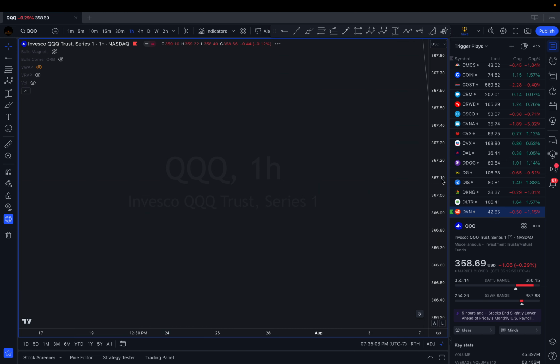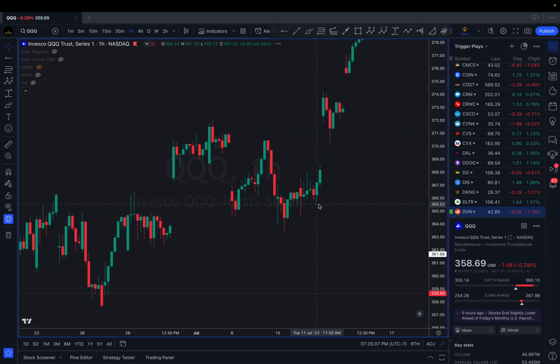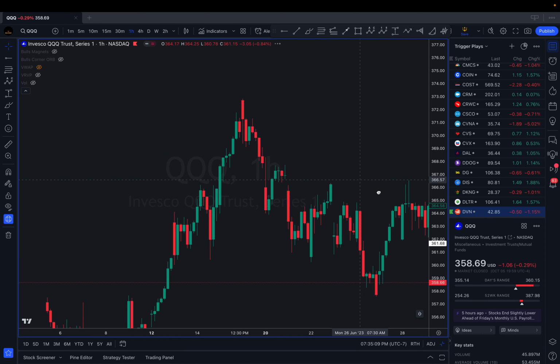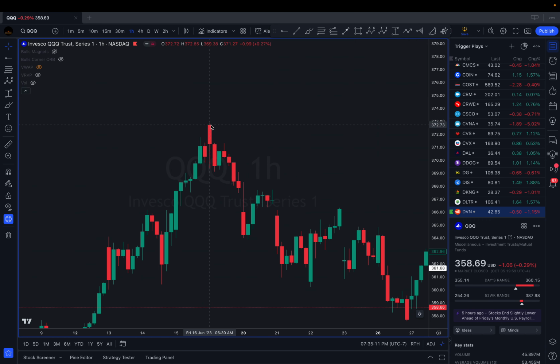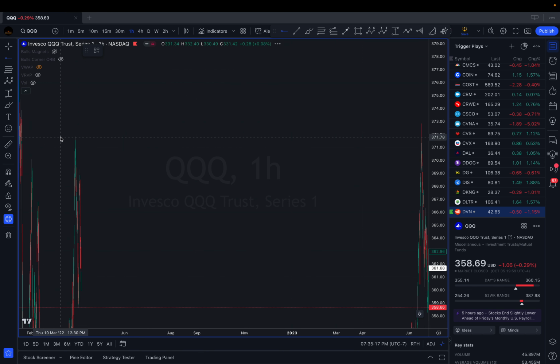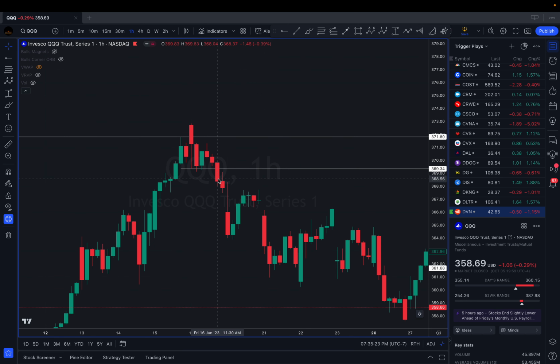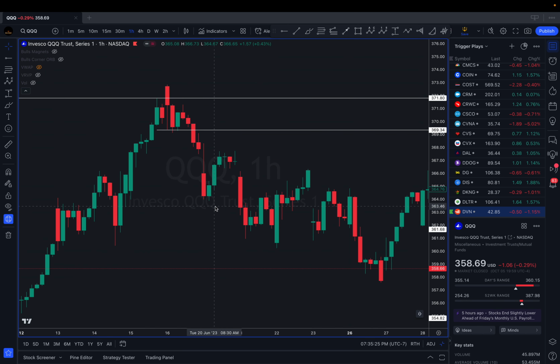Let's look at hourly on QQQ. A good example, hanging man right here on 1 hour, probably in the prior resistance right here, rejected this prior resistance on the hanging man, and then the next candle broke below, retested it, and then went to the downside.